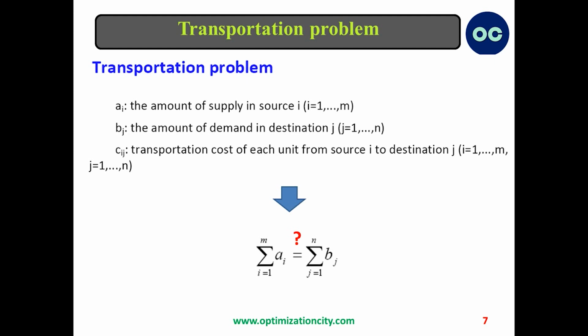Bj represents the amount of demand required at destination j, 1 to n, and Cij denotes the transportation cost per unit from source i to destination j, where i is equal to 1 to m and j is equal to 1 to n. In the transportation problem, we assume that the total supply of our resource is equal to the total demand for all destinations. This ensures a balanced distribution of the goods and resources.